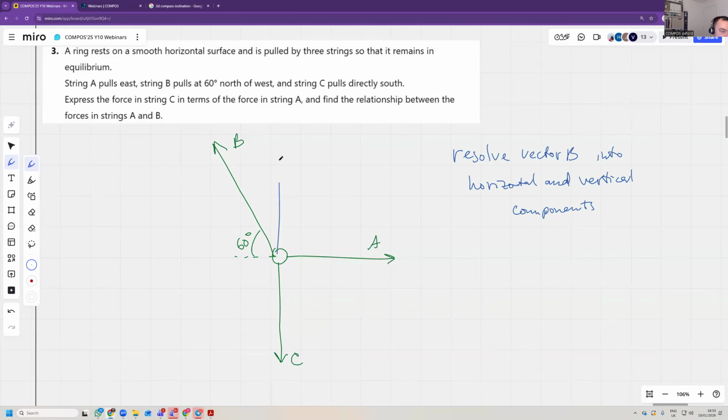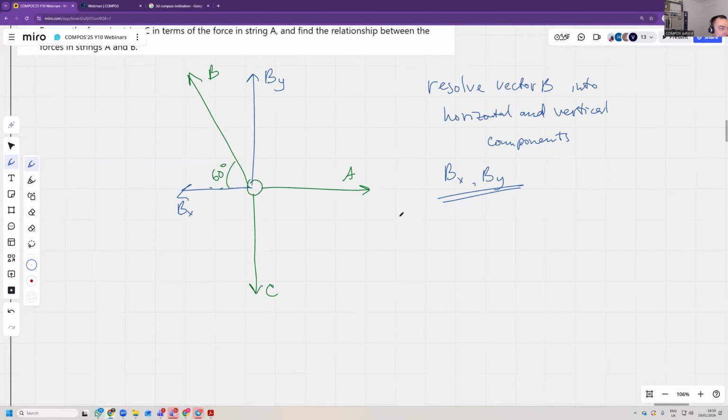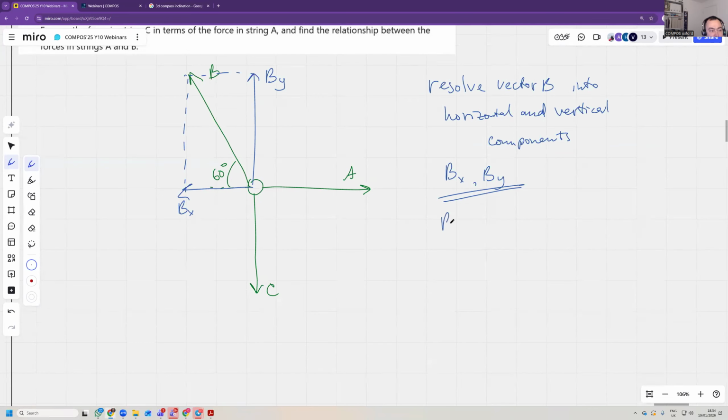We call them BX and BY. Using trigonometry, BX, the horizontal component, is B multiplied by cos 60 degrees, which is 1/2 B. And BY is B multiplied by sine 60 degrees, which is square root of 3 over 2 B.